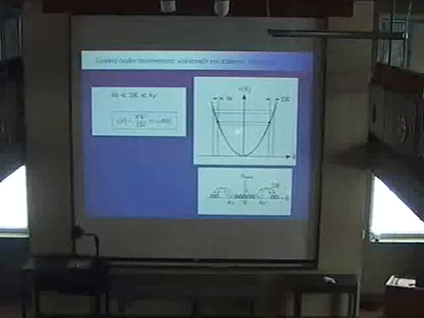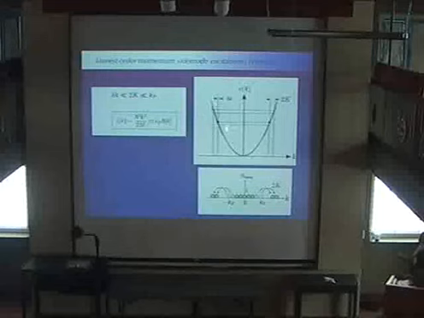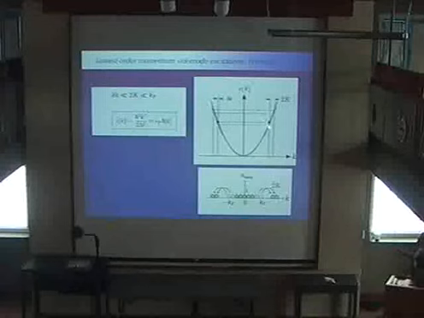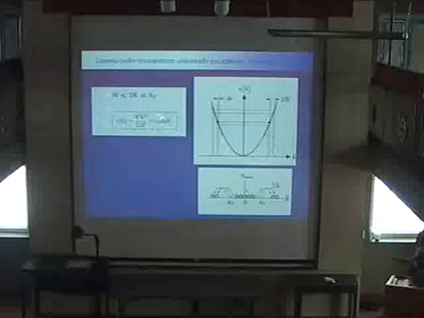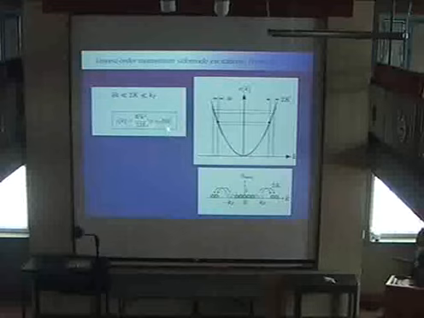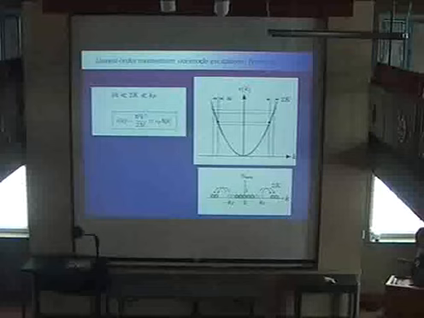In this case, the original atomic dispersion relation is quadratic, but around the Fermi surface or Fermi point, we can approximate this quadratic dispersion relation as a linear dispersion relation. So the original kinetic energy term of the Hamiltonian can be approximated as the Fermi velocity times h bar and k.